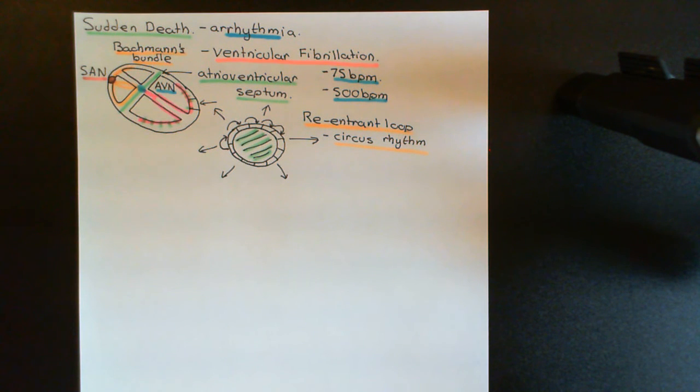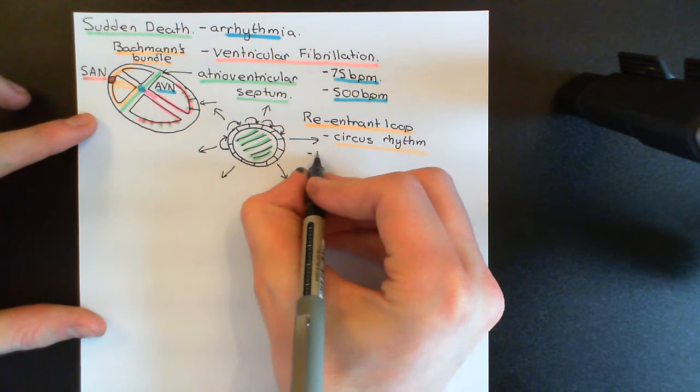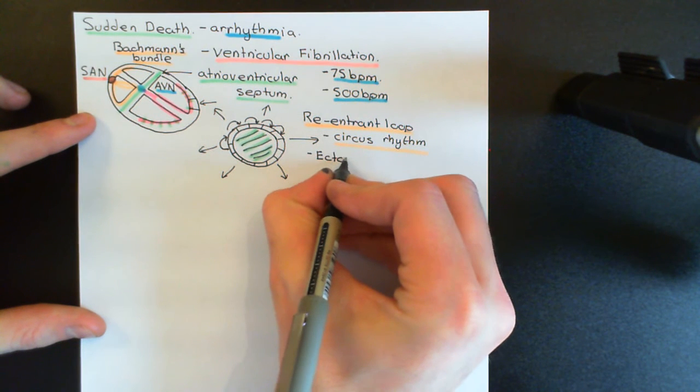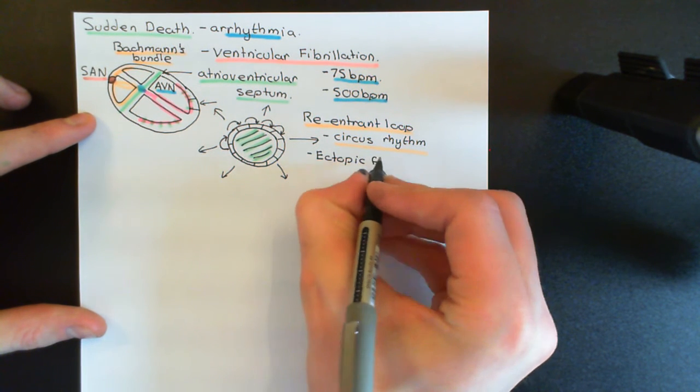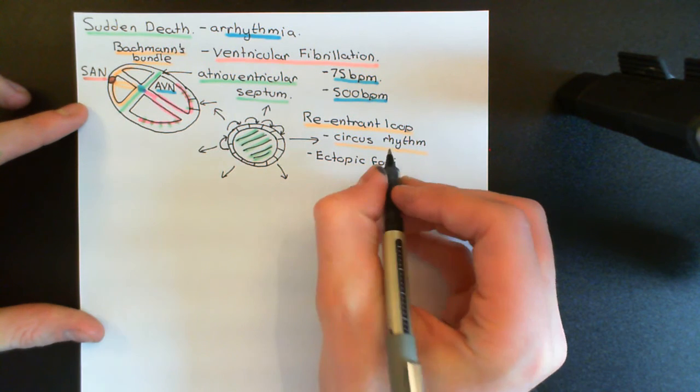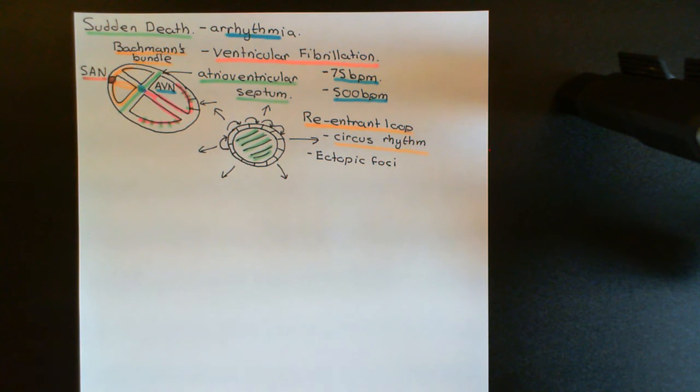In addition, what you can actually get is what's known as ectopic foci. These dying myocardial sites, when they're going through the process of dying, before they've completely died and their membrane is completely gone and they're not capable of conducting electrical signals whatsoever, in the early processes of being damaged hugely by the ischemic process, can start dysfunctioning hugely, and can start generating electrical signals spontaneously in the way the sinoatrial node cardiomyocytes would.